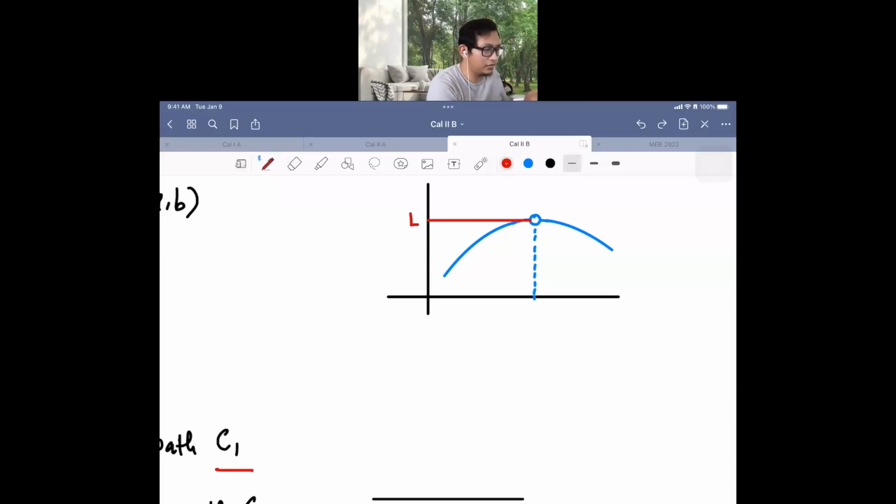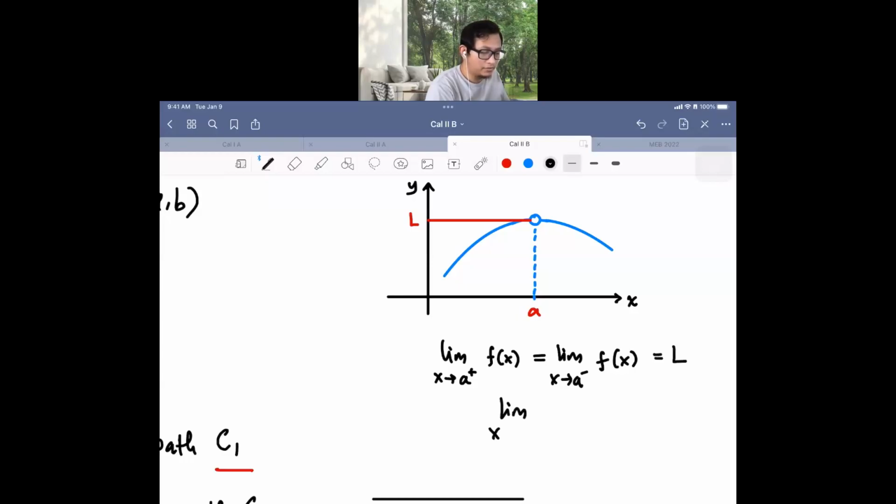Let's say we have L for this A, and then the limit, if we take the limit as x approaches A from the right, this will be equal to the limit from the left, it should be equal to L, then the limit exists, right?